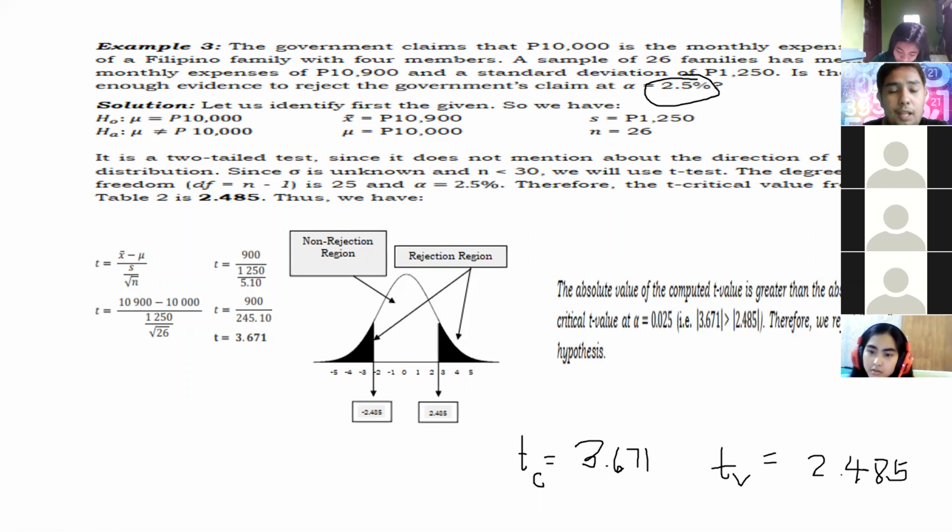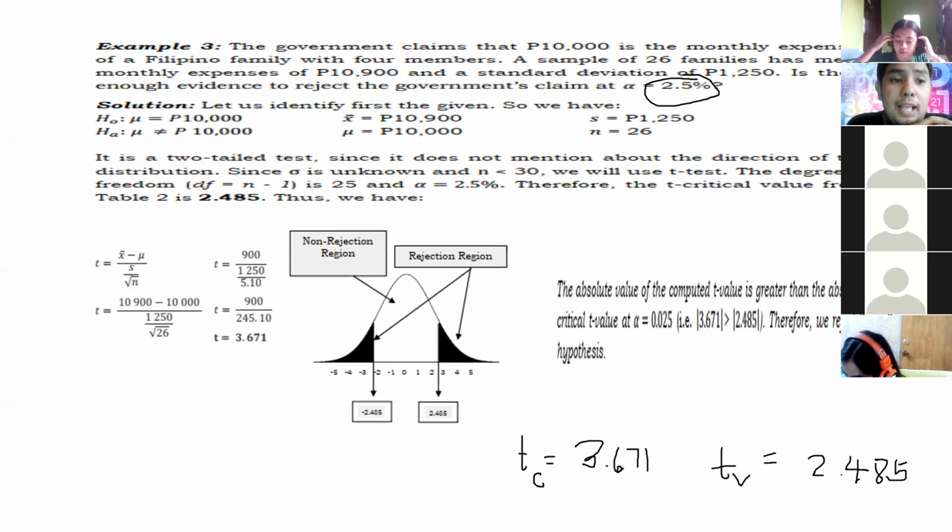Okay po? Tandaan po natin ito ang general rule ha. Kapag ang atin po ay two-tailed, please take note of that. Two-tailed, ibig sabihin ang ating null at saka alternative ay equal at not equal lang. Ang ginagamit po natin is absolute value.